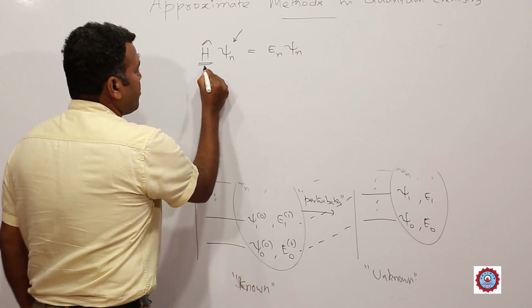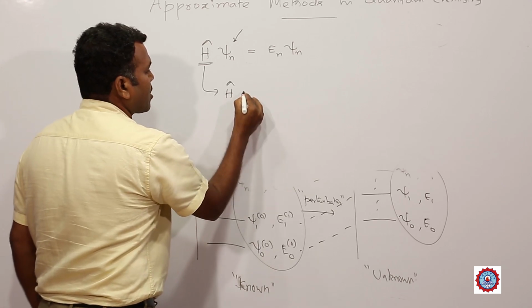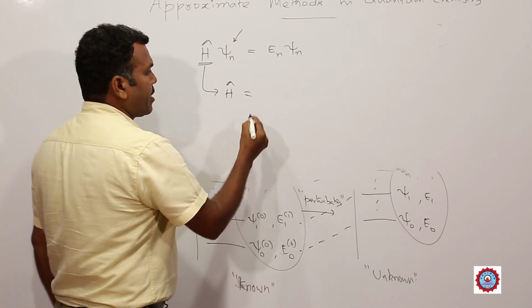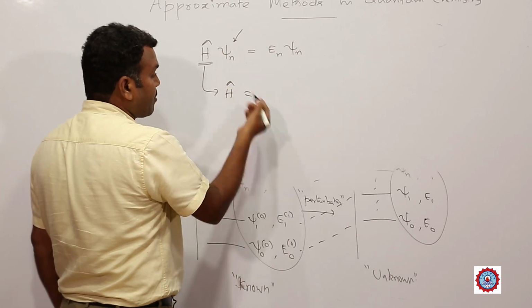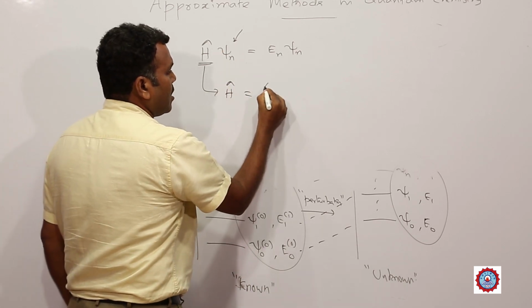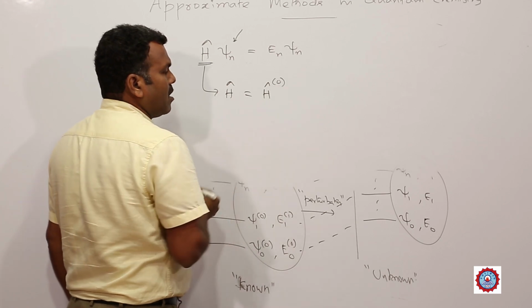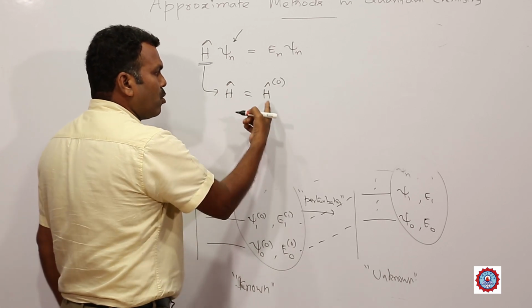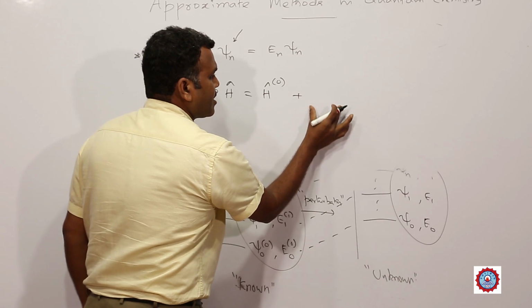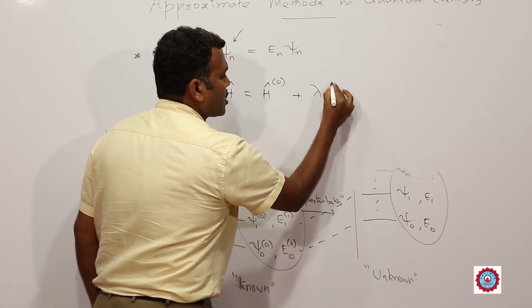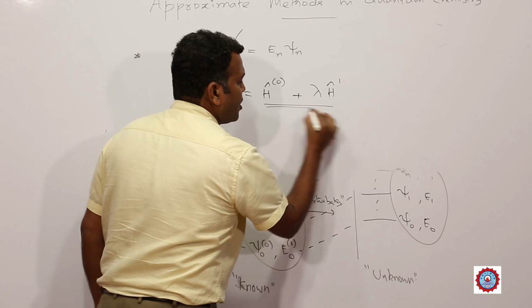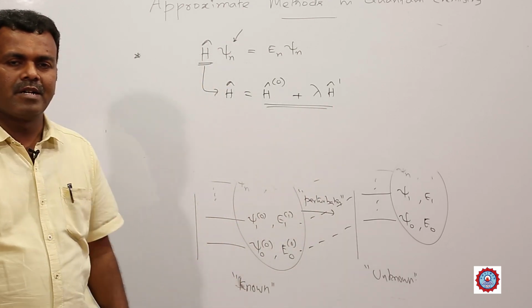This Hamiltonian operator for the perturbed system can be given, according to the perturbation method, as the Hamiltonian for the unperturbed system, also called known system, plus a correction term which is lambda into H operator prime. This is what we call perturbation theory.